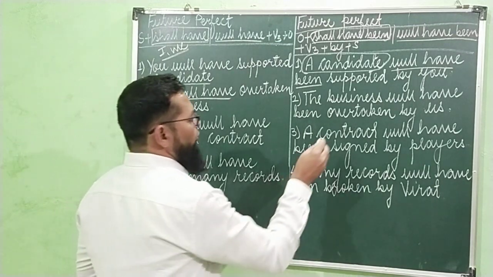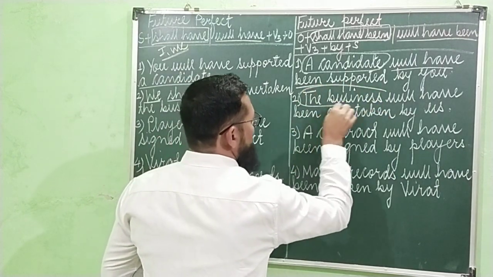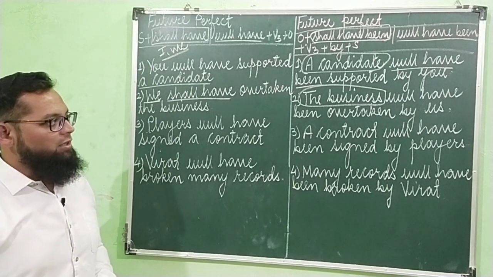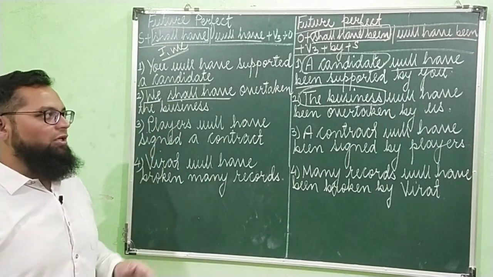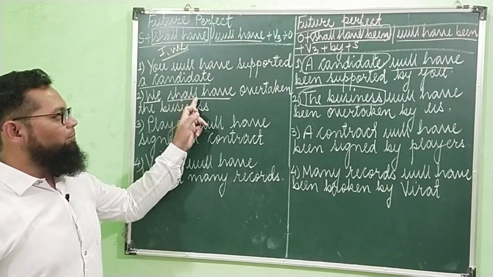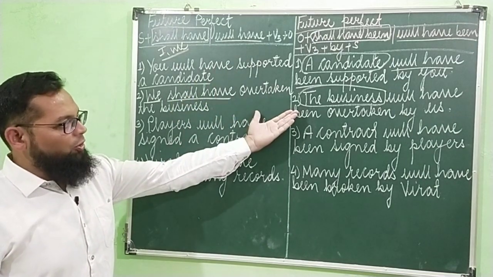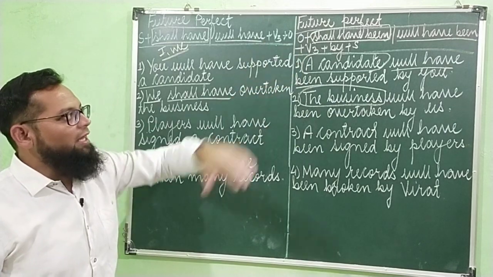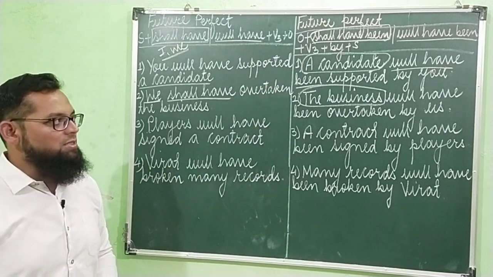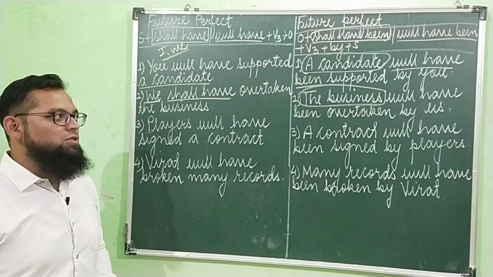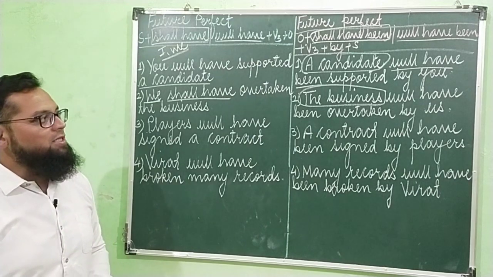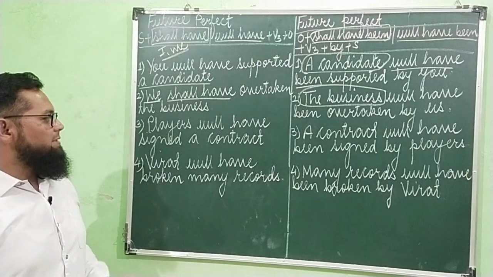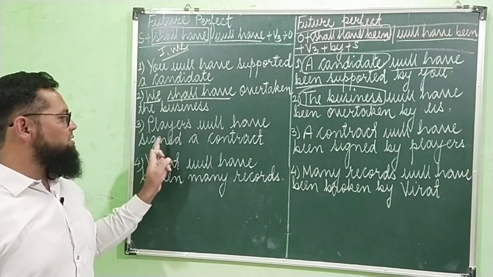So in the passive voice, I have to write the business as the object at the beginning. Business is the object. Now business is not I and we. So here it is shall have, but with business, because business is not I and we, as I said, if it is I and we, we use shall have been. Now business is not I and we, so we have to use will have been. The business will have been overtaken by us.